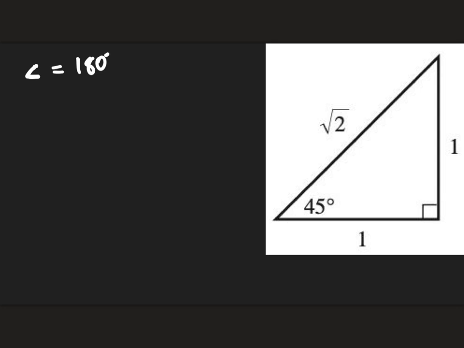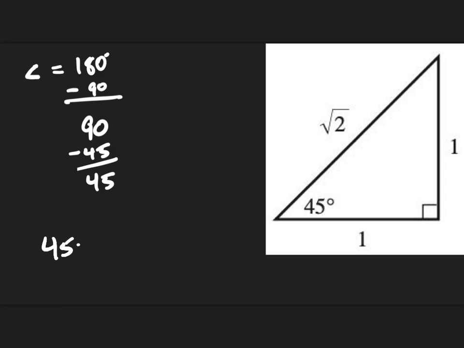Now, in a right triangle, one angle is 90. So 180 minus 90 leaves us with 90 for the other two angles. If we take away 45, we're left with 45. So we call this a 45, 45, 90 right triangle.